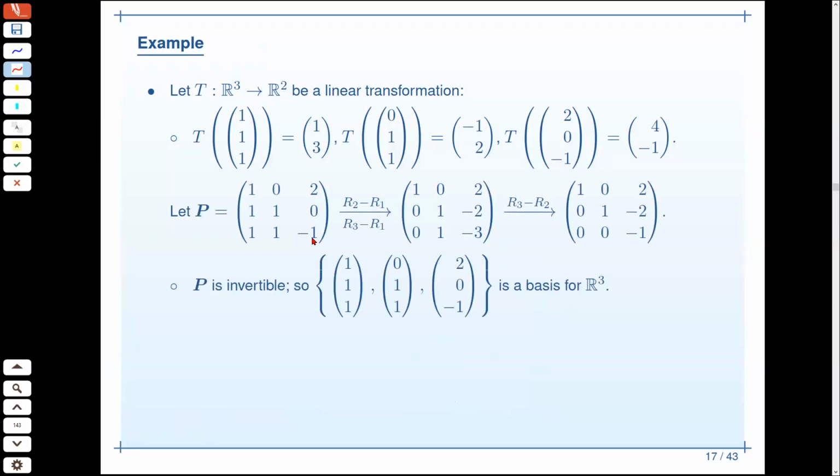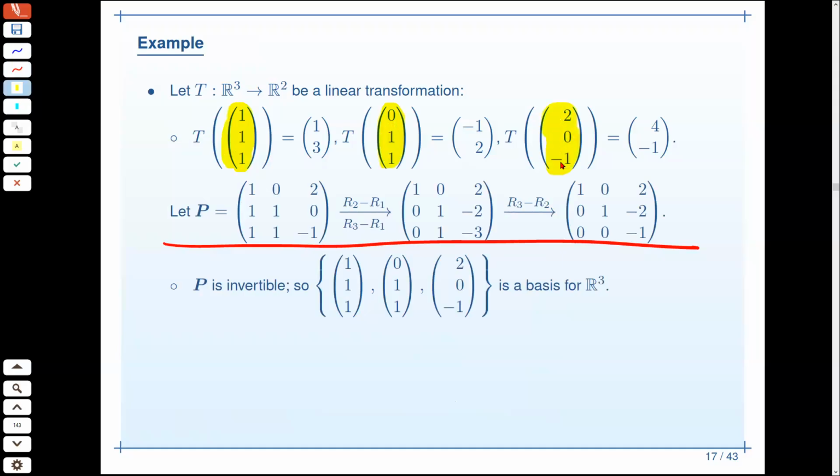I need to do this first. So first of all, applying the elementary operation, I write the matrix P with columns (1,1,1), (0,1,1), (2,0,-1). I need to ensure that what is given is a basis for R3.